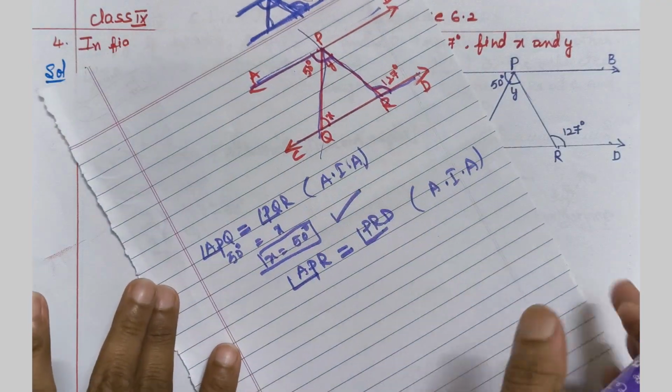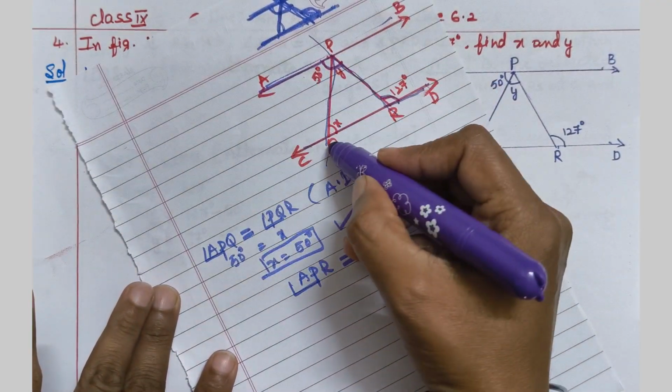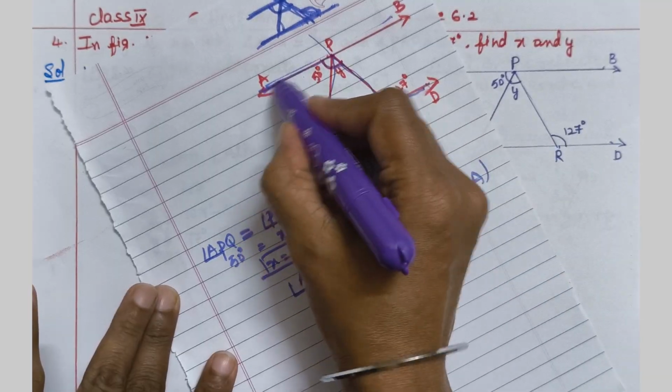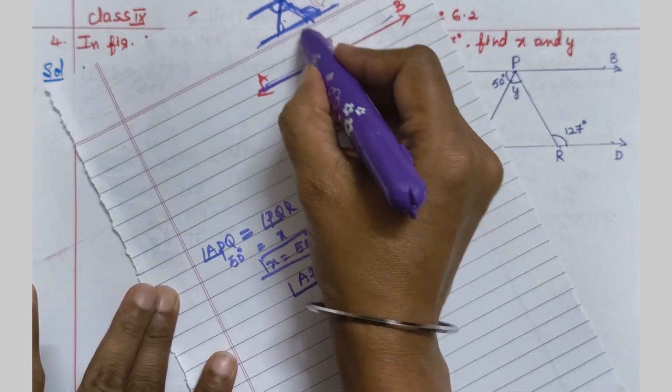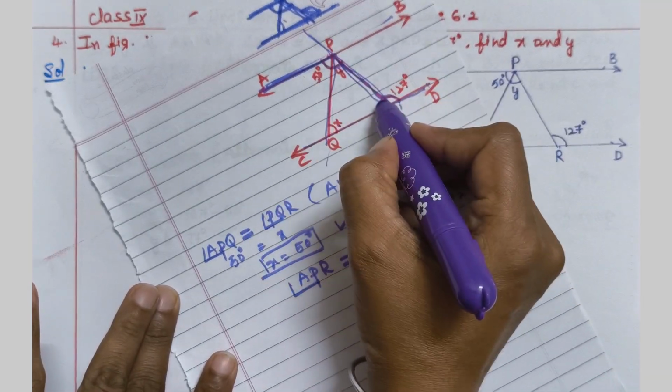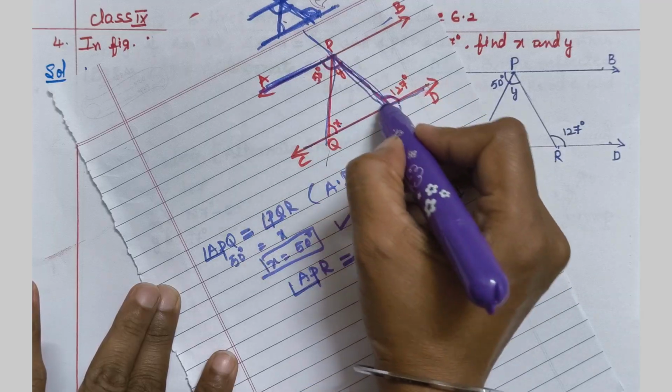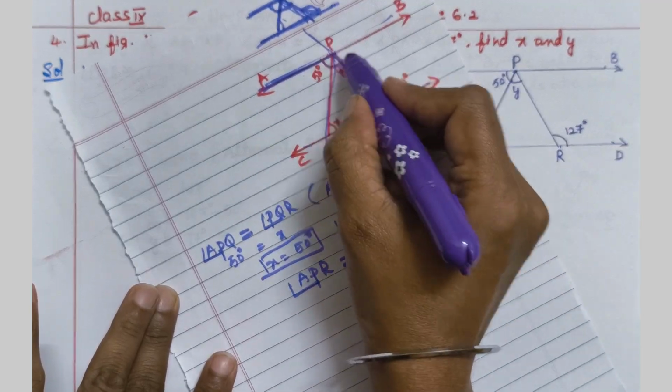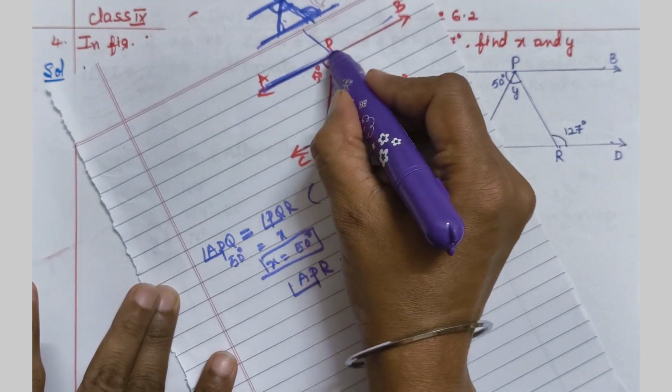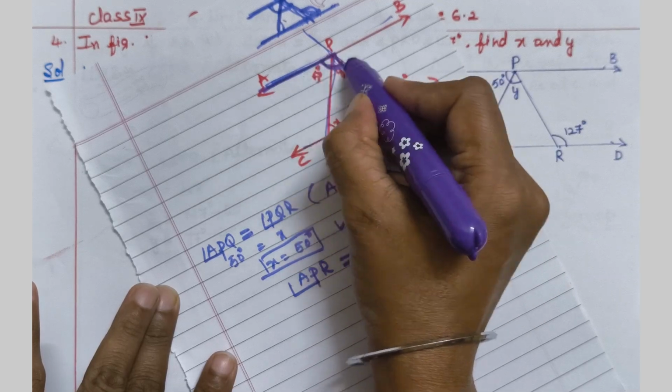See here, carefully listen. APR, this one we will take. This is the transversal, so this angle we are taking.